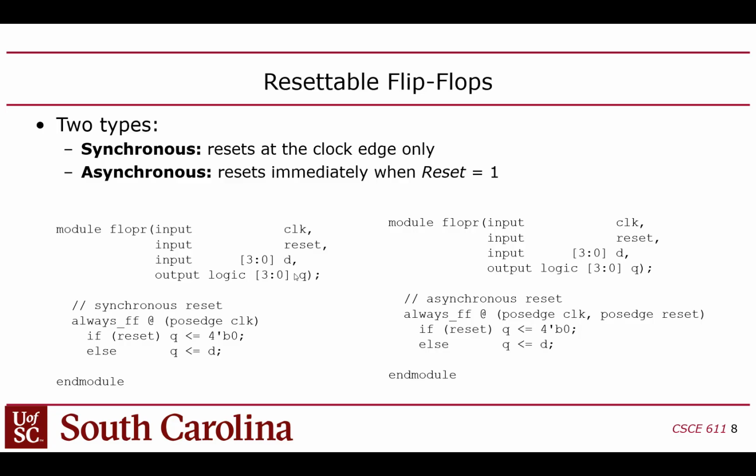But as it turns out, we were looking at the timing analyzer, and the actual flip-flops in the FPGA fabric have an asynchronous reset. So if you put a synchronous reset in your code, it doesn't actually use the reset input on the flip-flop. It combines the D with the reset.